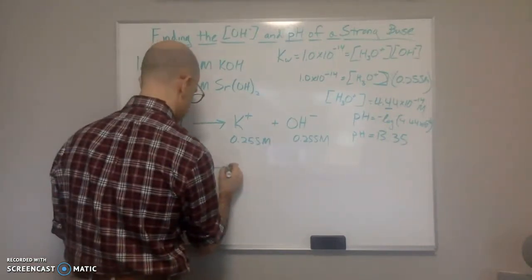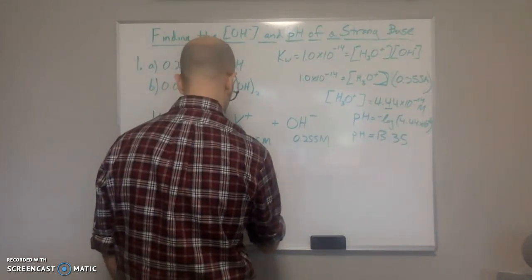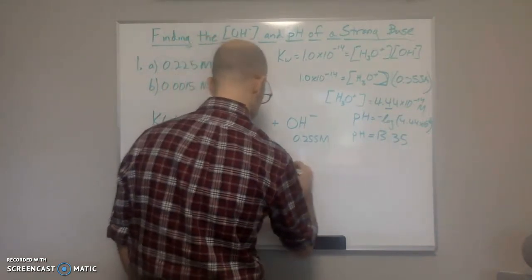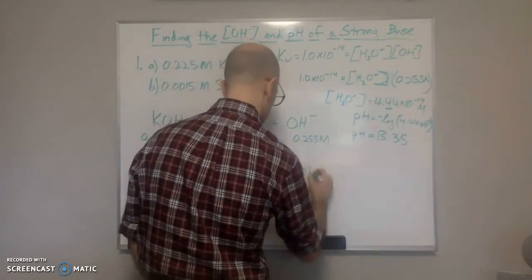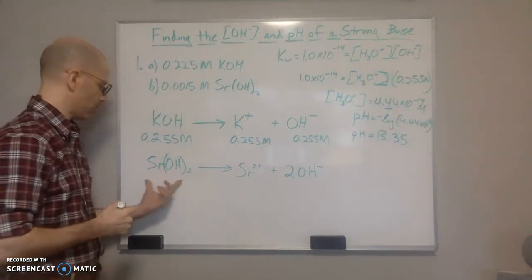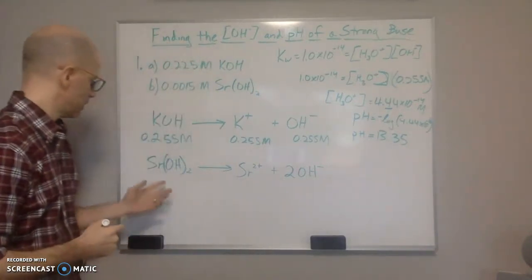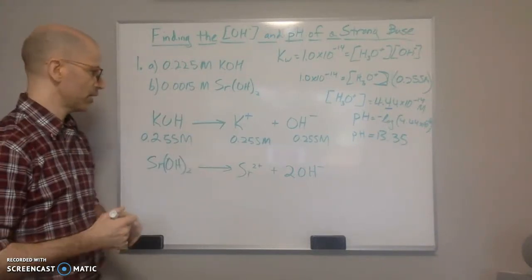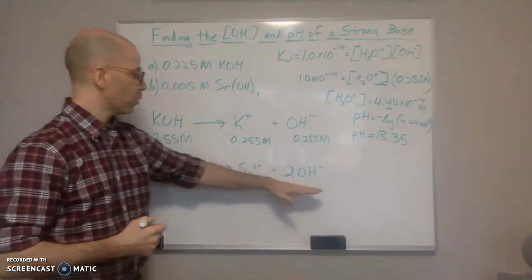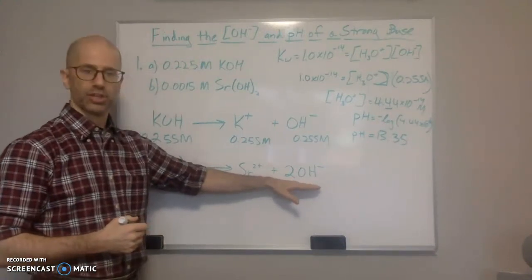So when this dissociates completely, it's going to dissociate into Sr2 plus and 2 moles of OH minus. So for every 1 mole of this, it breaks up into 2 moles of OH. And so this is our balanced equation. So we're going to have double the amount of our concentration of OH.